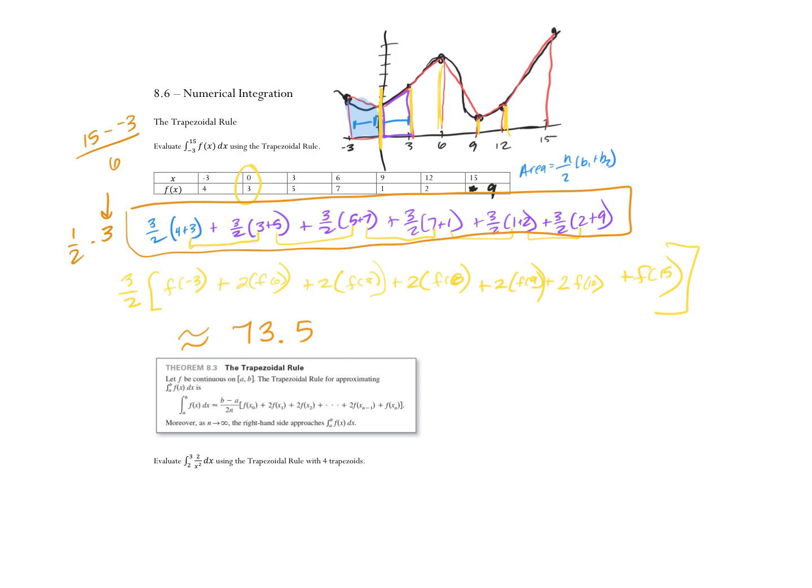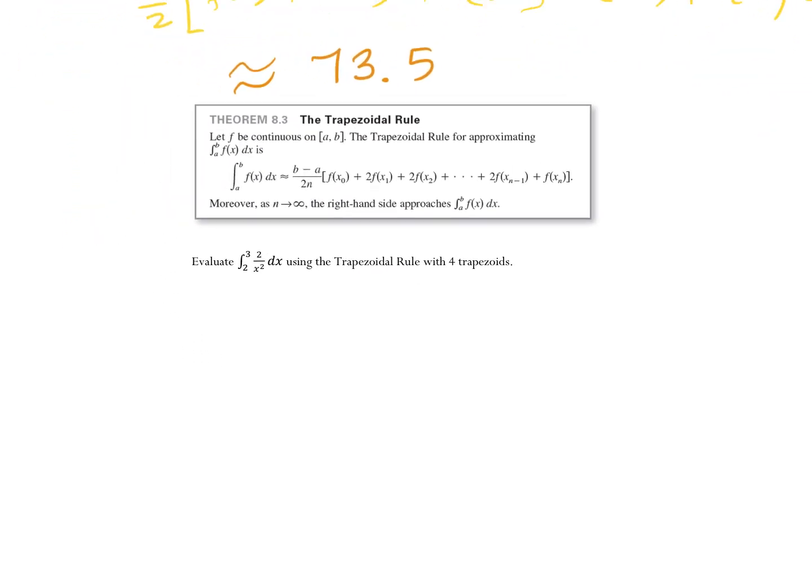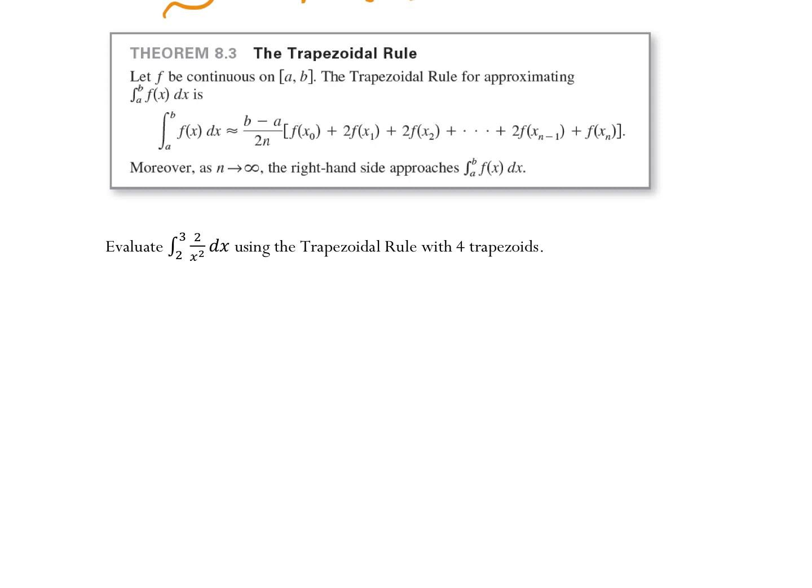We had 6 trapezoids. And so we've talked about delta x in the past as b minus a over n. That's going to continue to be the same, okay? So the trapezoid rule basically looks like this. We have the 1/2, and then we have b minus a over n, and that's no different. That b minus a over n is just delta x, okay?